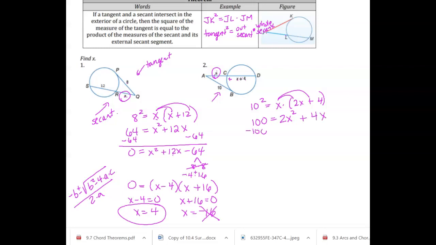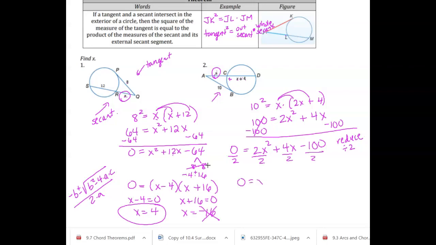I do want to subtract 100 so I can get everything to one side. So 2x squared plus 4x minus 100, and that equals 0. Now, we could factor this, but the better strategy is to divide everything by 2, so this will be a little bit easier to factor. You have to do the AC method when you have a number in front of x squared. So we are going to divide all terms by 2. So this is what we get.